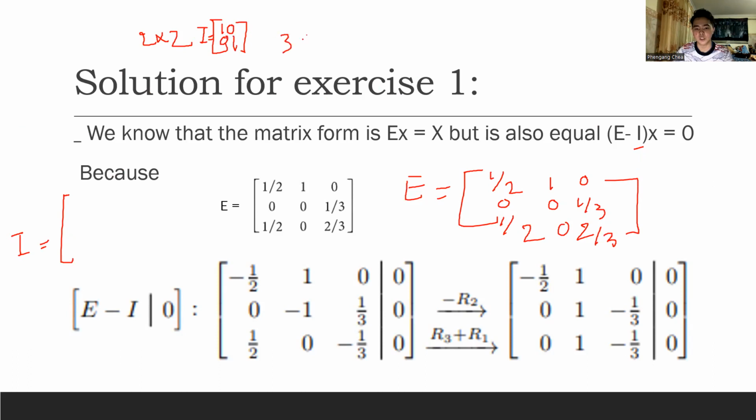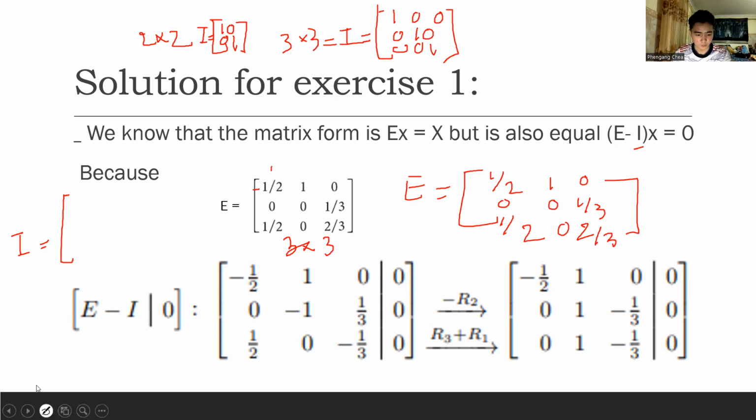For a 3x3 matrix, I is equal to 1, 0, 0, 0, 1, 0, 0, 0, 1. This is a 3x3 matrix, with 3 columns and 3 rows. So we must compute like this.